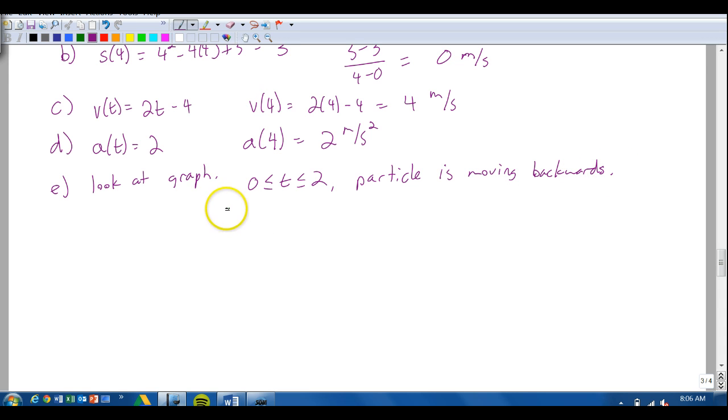It starts at a position of 3 meters and then goes to -1 meters during that time.